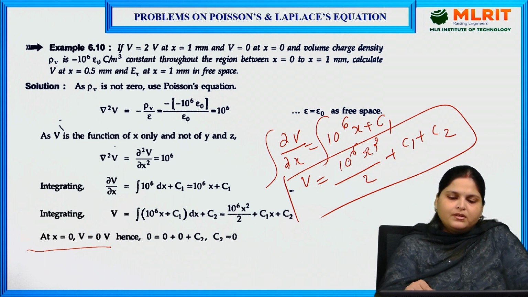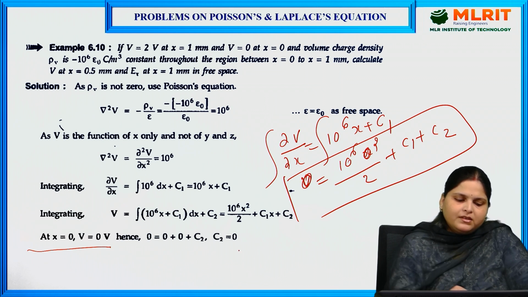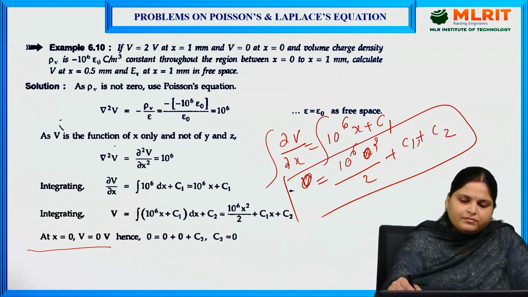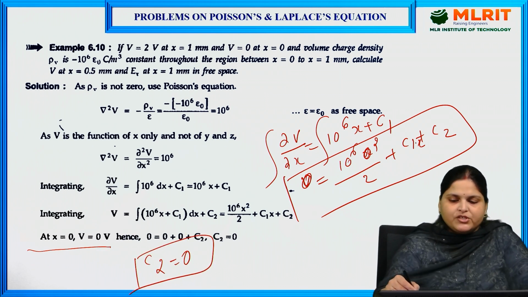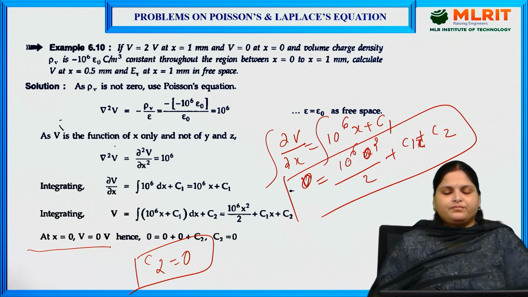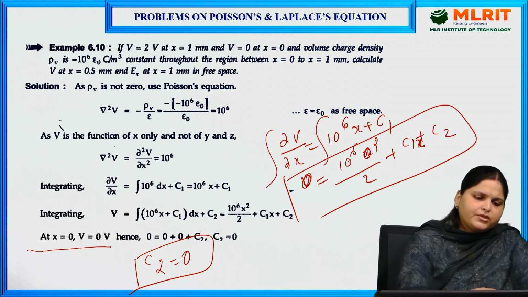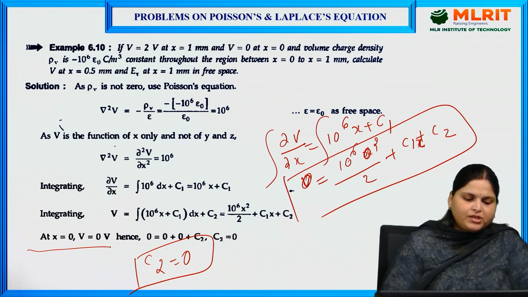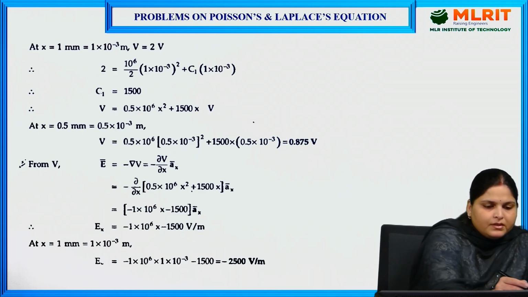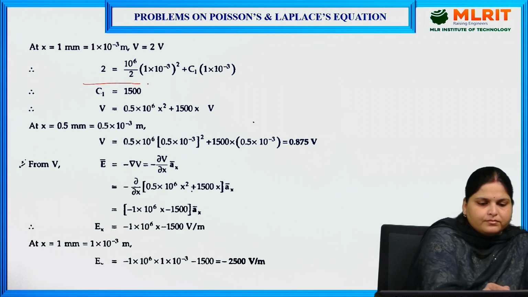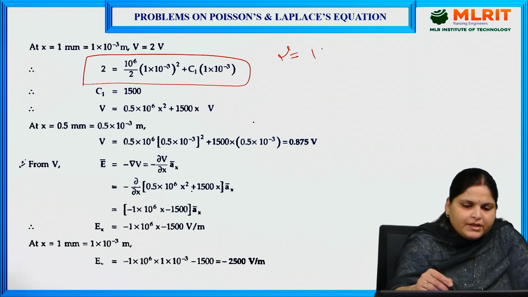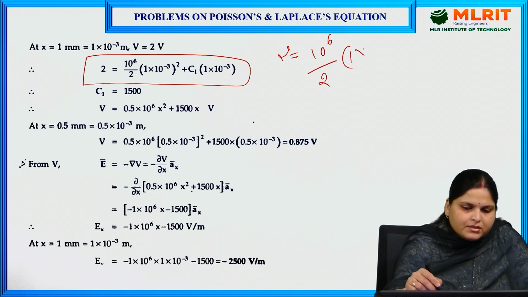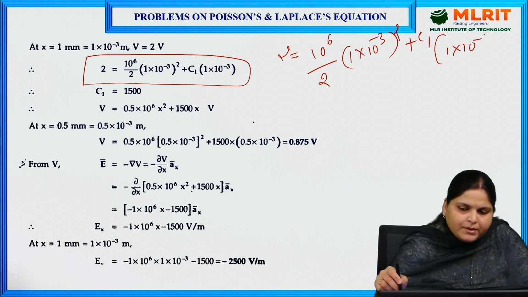So when we put 0 here, we will get c2 is equals to 0, as this equation contains x also. Right? Next we will put x is equals to 1 mm and V is equals to 2 in the same equation, and we get 2 is equals to 10 to the power 6 upon 2 into 10 to the power minus 3 whole square plus c1 into 1 into 10 to the power minus 3.